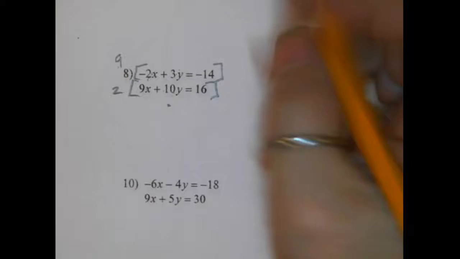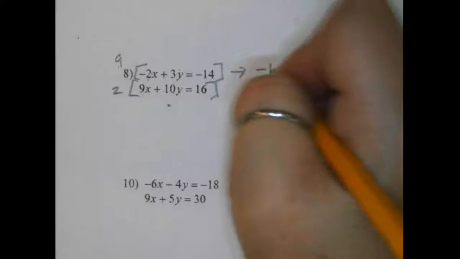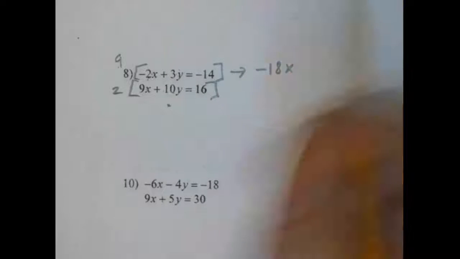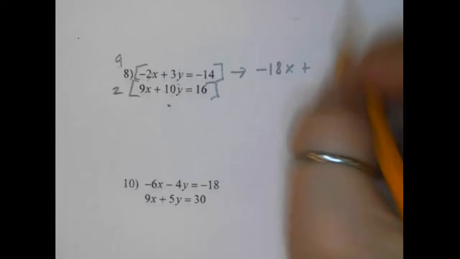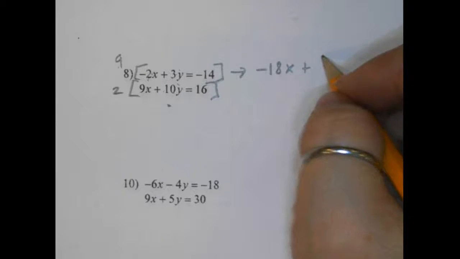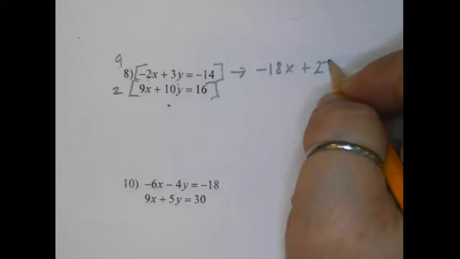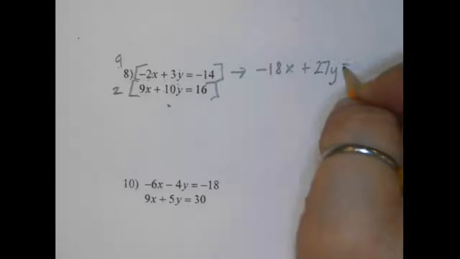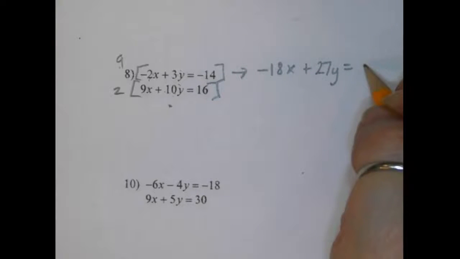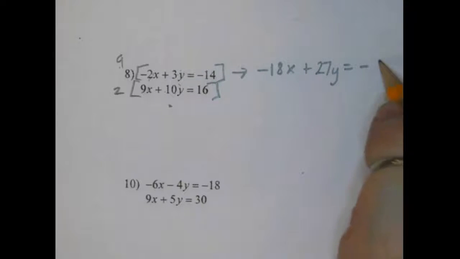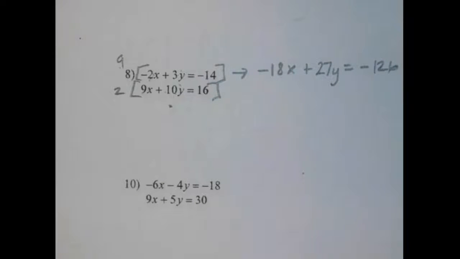So 9 times a negative 2 is going to be negative 18x. 9 times a positive 3 is what? 27y. And 9 times a negative 14, I don't know that in my head, so I can multiply it. What is it? It's going to be a negative 126. Right?